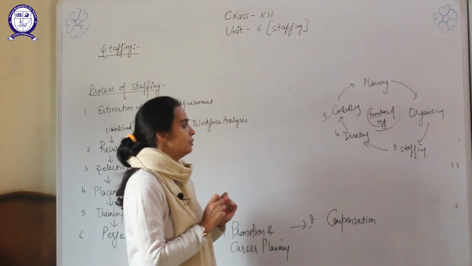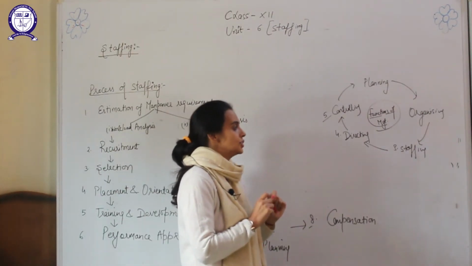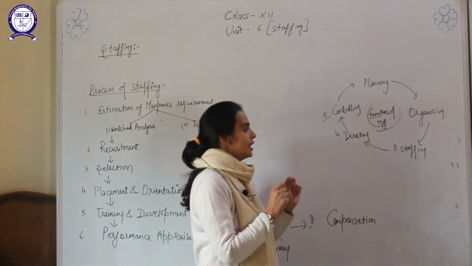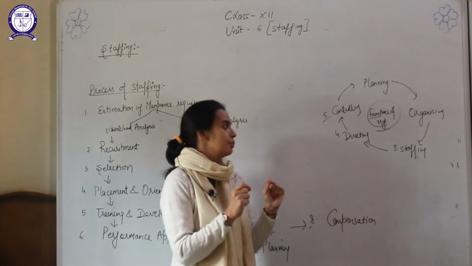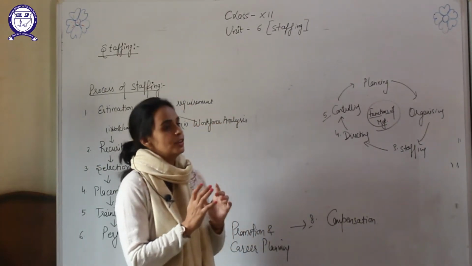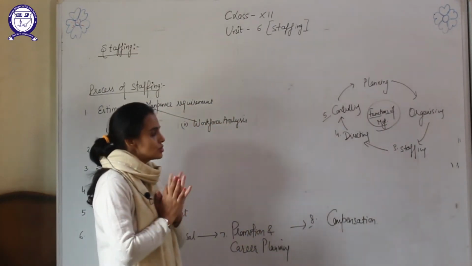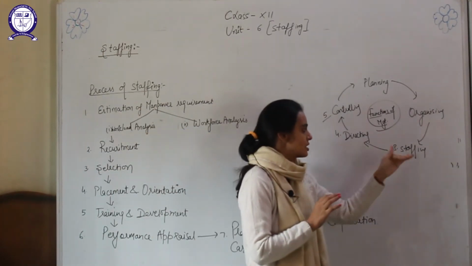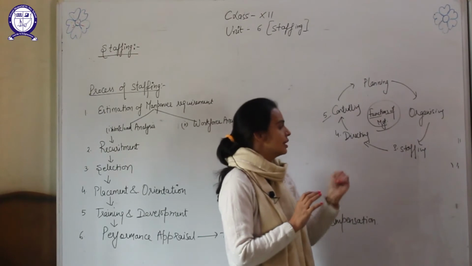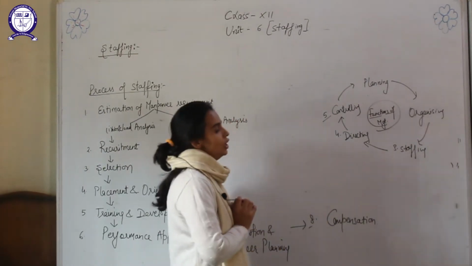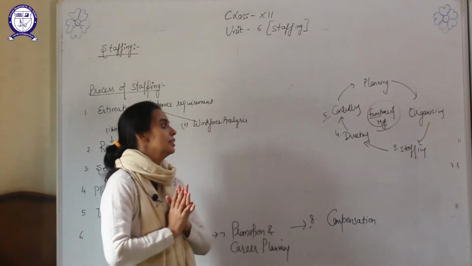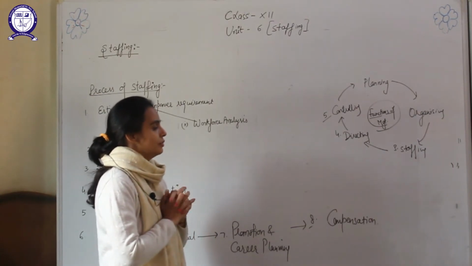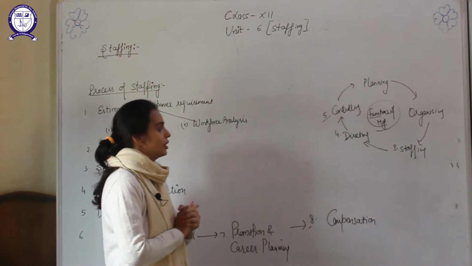So it's very important for an organization to hire efficient, skilled employees as per the requirement of the job. In a large-scale organization, the staffing function is done by the HR department, the human resource department, and all the activities related to the employees are done by the HR department.